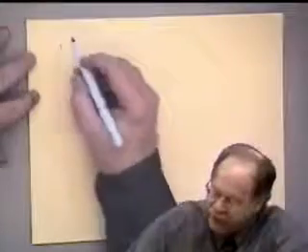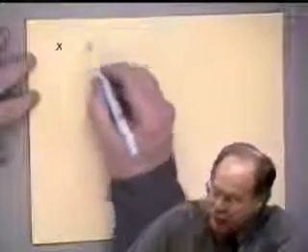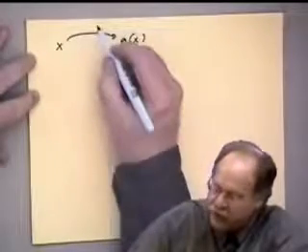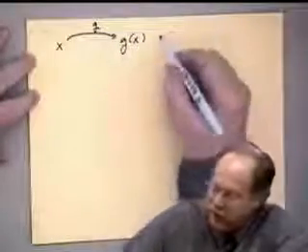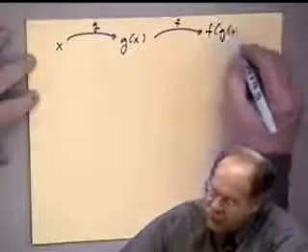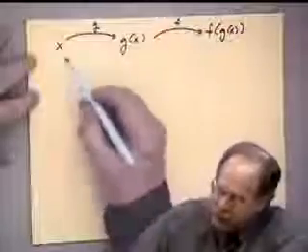Let's write down what we've just learned. First, to remind us of what we've got, remember we have a composition of two functions. So x going to g of x is the g function, and then f acting upon g of x is the f function.